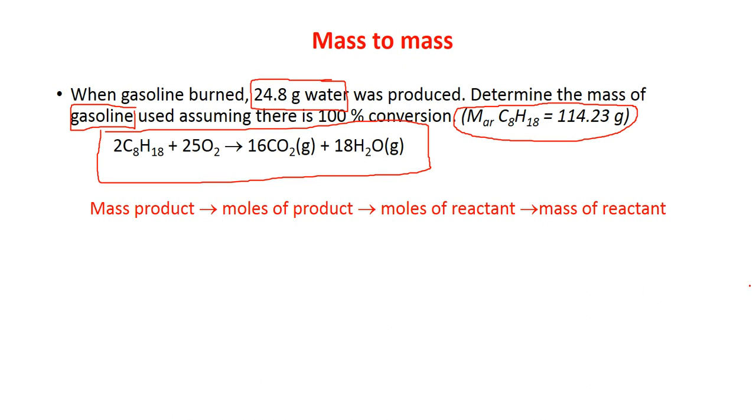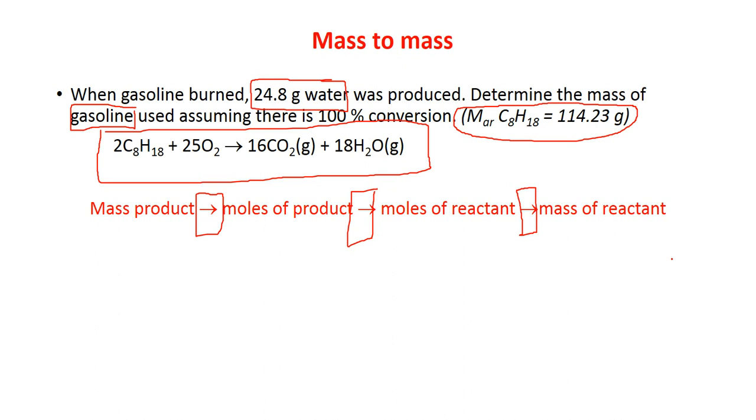Based on this, we can see that we are dealing with three conversion factors. This is the first conversion here. This is the second conversion. So each arrow is representing a conversion factor.